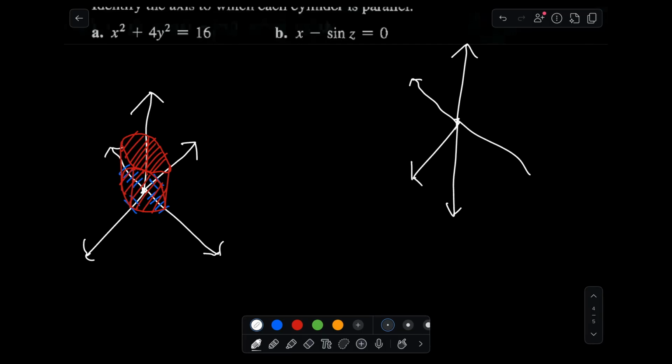where we have, this is going to be negative x, x, y, negative y, z, and negative z. And then we start off at 0, 0. Let's just set x equals sine z.